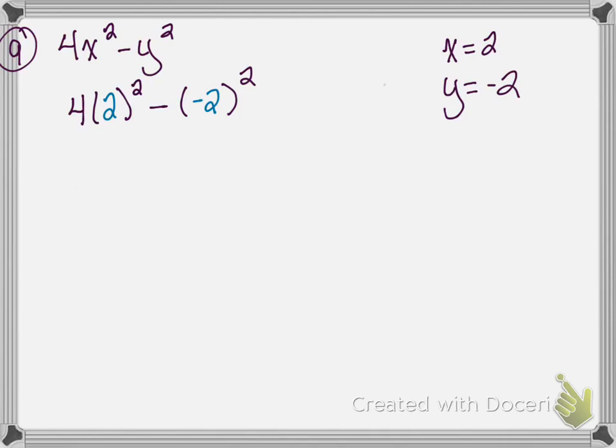Would it make a difference if you put the 2 inside the parentheses? So you're saying, could you write 4, 2 squared like that? On this one, it's fine. On this one, it's not okay.